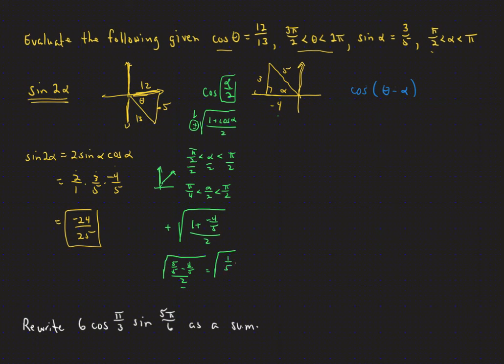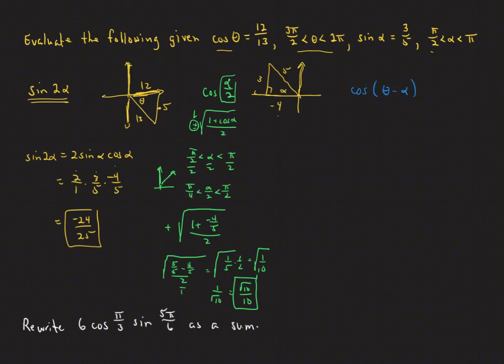To divide by 2 is to multiply by a half. So that's going to be the square root of 1/10. So that's going to be the square root of 1 over the square root of 10. And we'll have to rationalize that to get our final answer, which is a positive square root of 10 over 10.